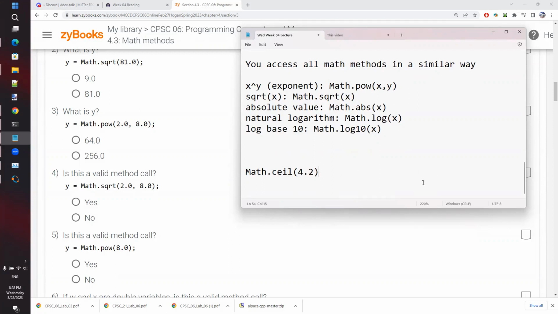Well, it only rounds up. It doesn't round to the nearest number. It will always round up to, in this case, 5. Okay, so that's what ceiling would do, is round up. The floor, Math.floor 4.2, will always round down.